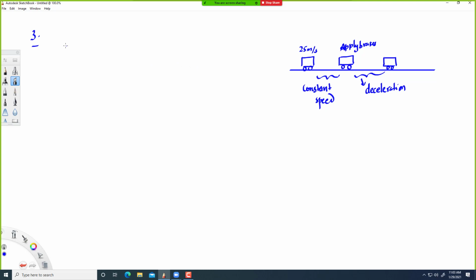Okay, so let's first deal with the constant speed part. For constant speed part, when there is constant speed, there is no acceleration. The only one formula we use for constant speed is this formula: V is equal to distance over time. Okay, that's the only formula.